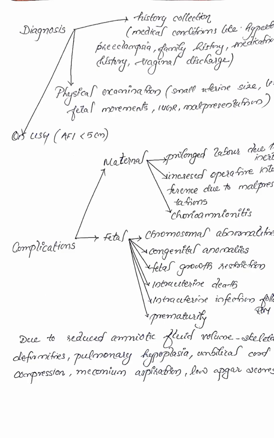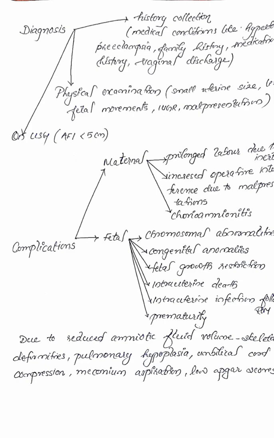Next come the fetal complications. There will be chromosomal abnormalities or congenital anomalies. As we said earlier, there will be fetal growth restriction or retardation, IUGR. Then there may be intrauterine death because of the infection, because of the chorioamnionitis.